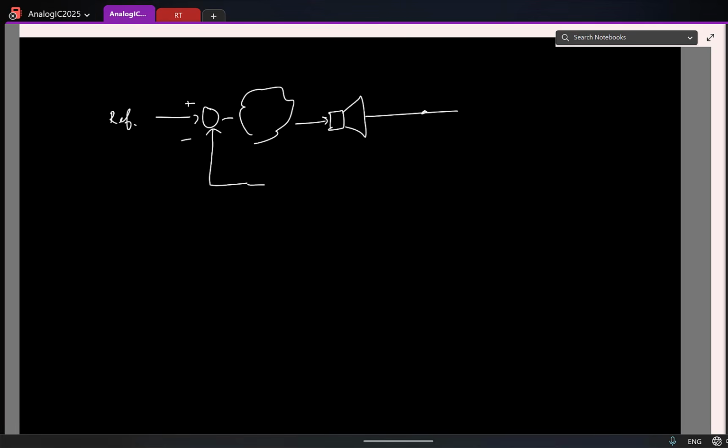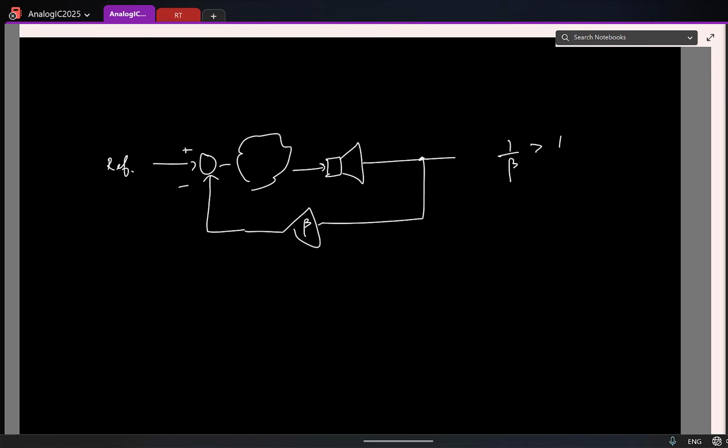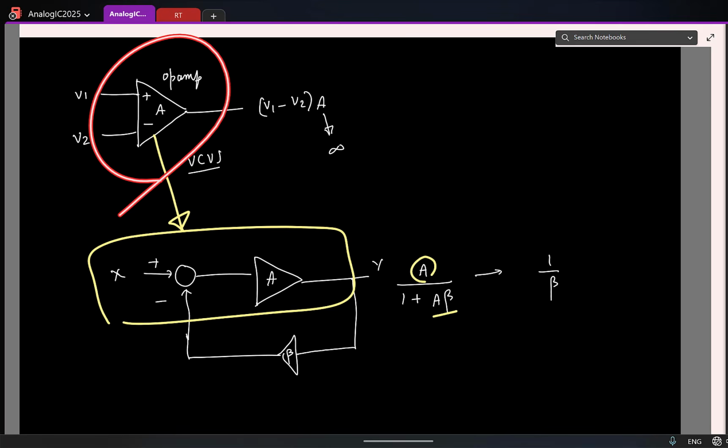Only a small fraction of it is fed back. So the closed loop gain is 1 by beta. Of course, this will be greater than 1 because beta is smaller than 1. Okay? So negative feedback is basically how the entire world is functioning, entire world is stable. And to make negative feedback systems, we need to have a good op-amp. So that's the bottom line.